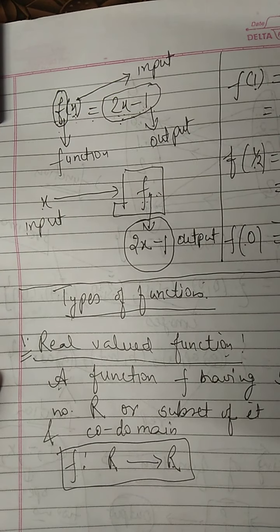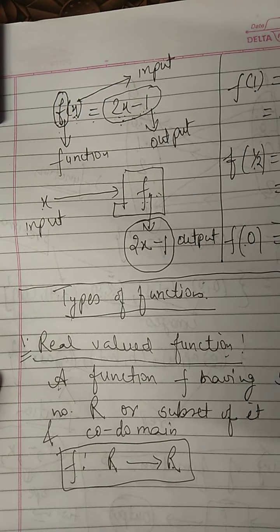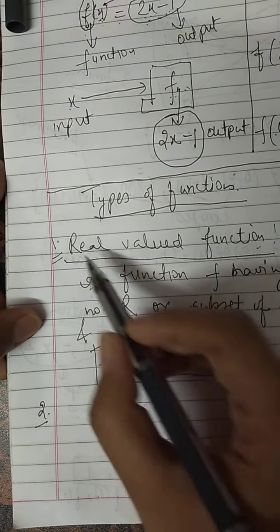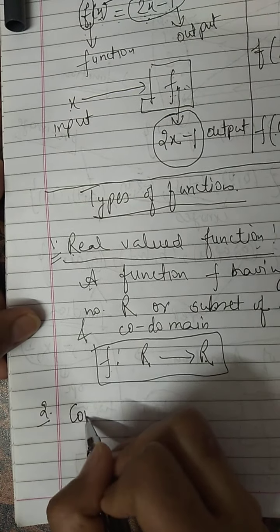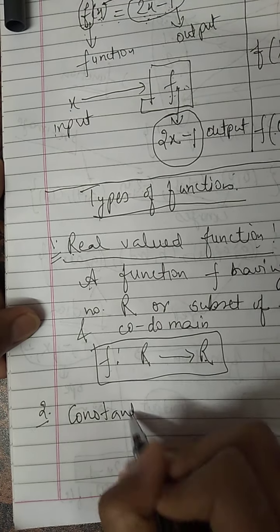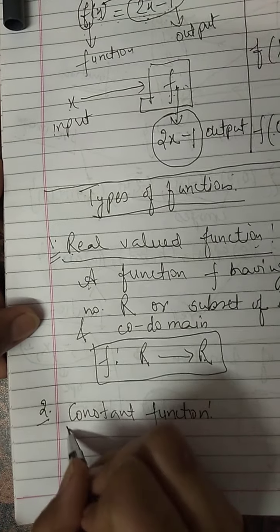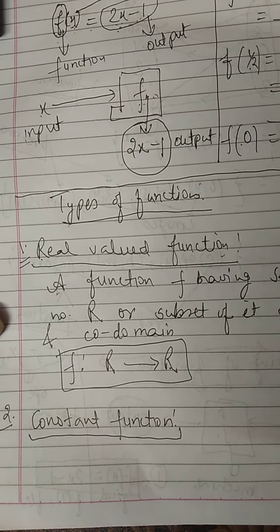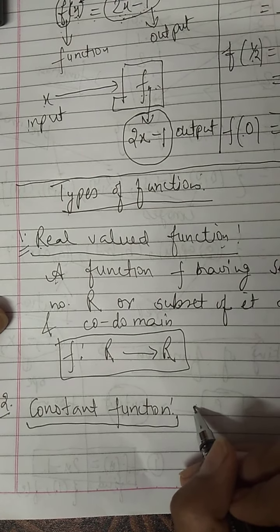And now we will move to the next type of function. Let it be the second function, because we have given the number here first. Let it be the constant function. We know constant means which does not change. So how will the constant function work?